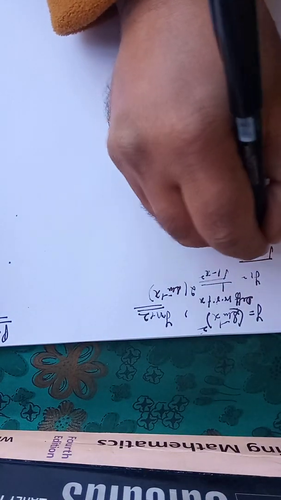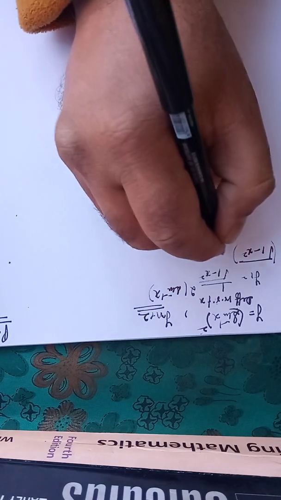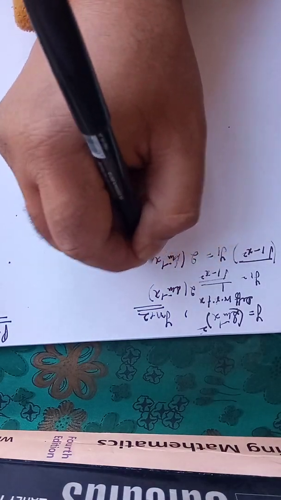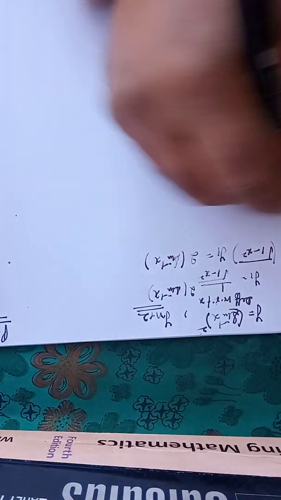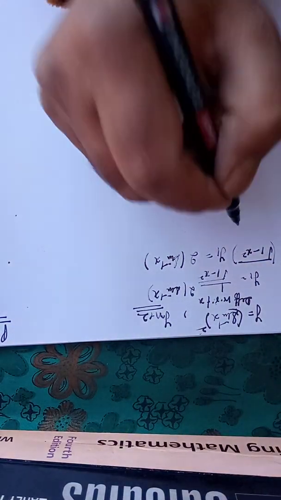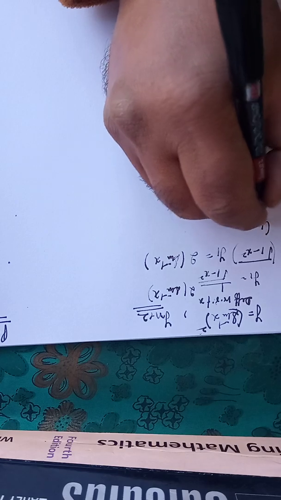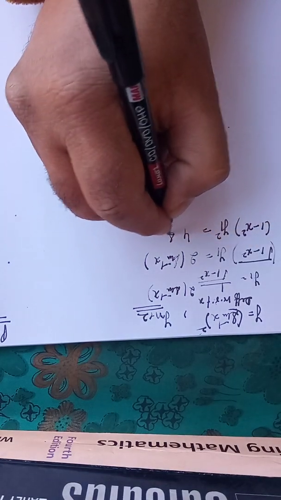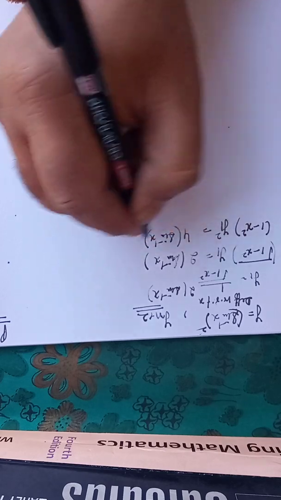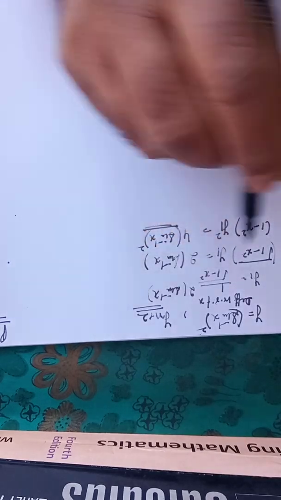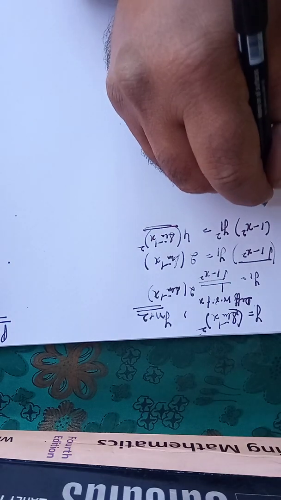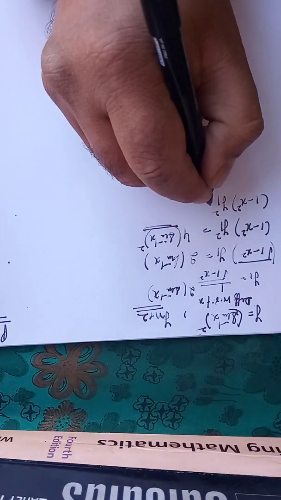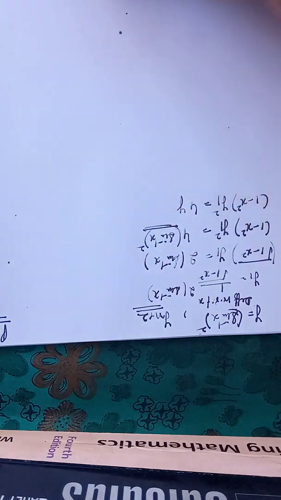So under root of 1 minus x square y1 is 2 sine inverse x. Or I can square both sides. I will write (1 minus x square) y1 square equal to 4 (sine inverse x) whole square. Now what is sine inverse x whole square? It is y. So I have (1 minus x square) y1 square equal to 4y.